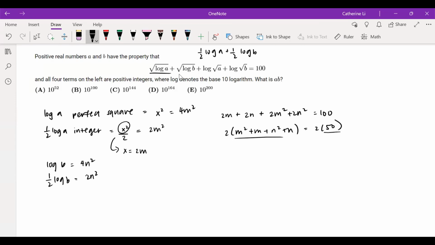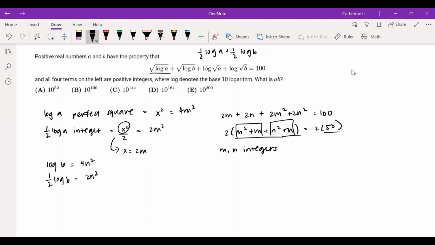And now, since we know that m and n are both integers, there are very limited values that m squared plus m and n squared plus n can be. We know that m squared plus m and n squared plus n have to add up to 50, which means that each of the terms has to be at most 50, on its own.